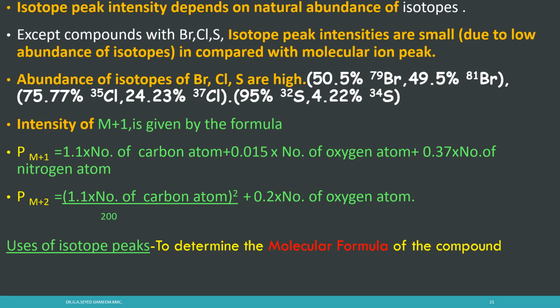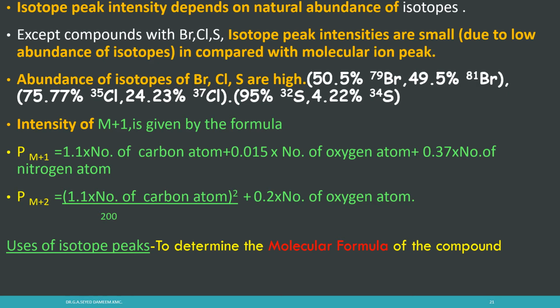I have already said that isotopic intensity depends on the natural abundance of isotopes. If the existence is in a larger amount, the intensity is high; if the existence is in a small amount, the intensity of the isotopic peak is very low. So, except for compounds with bromine, chlorine and sulfur, the isotopic intensities are small due to the low abundance of isotopes.